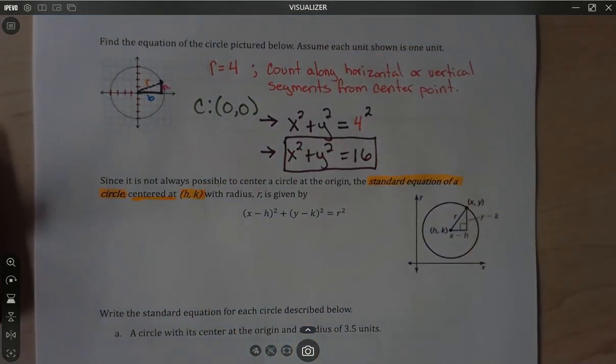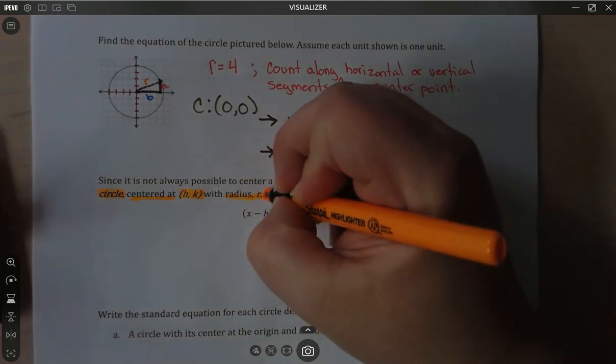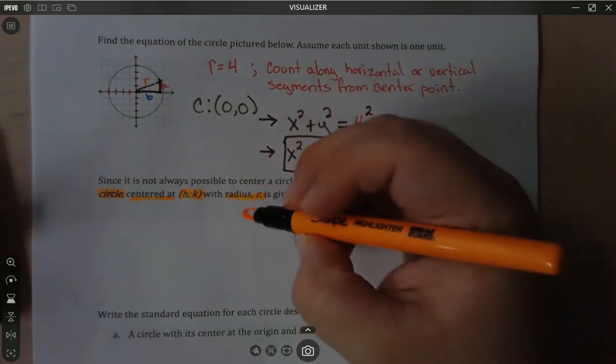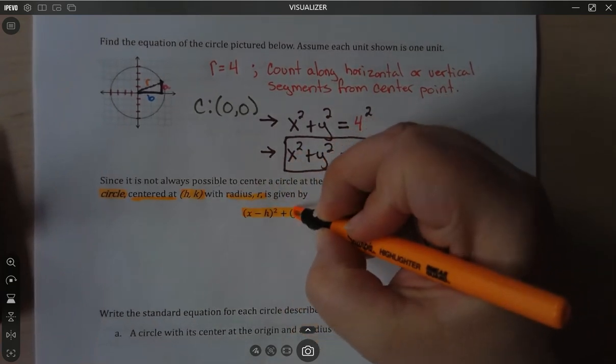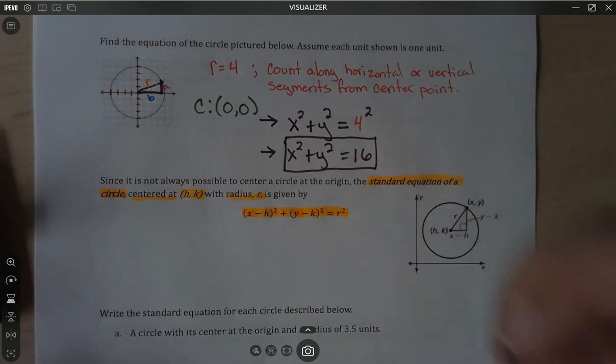It's no longer the origin (0, 0), and we still have radius r. But now our equation is (x − h)² + (y − k)² = r².